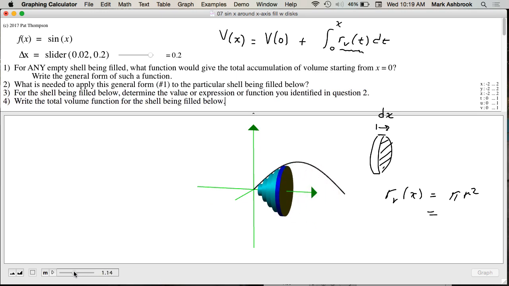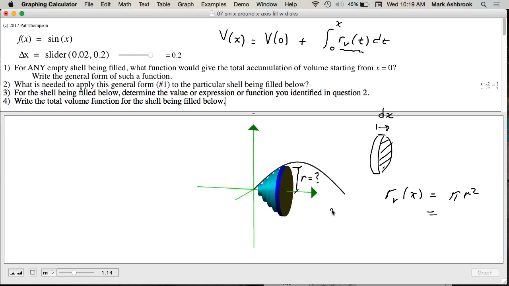So the rate of change is pi r squared. So what is r? R is this right here. What does that radius of that current disk equal? Is it x? Is it y? Is it a change in x or a change in y?